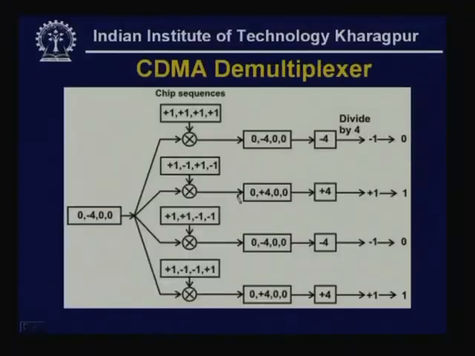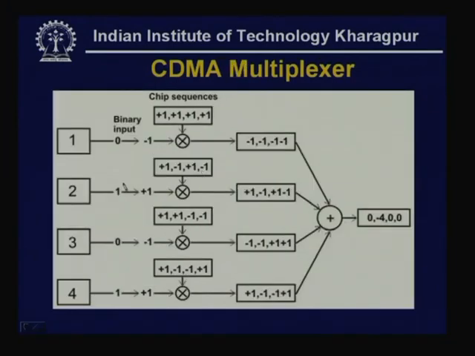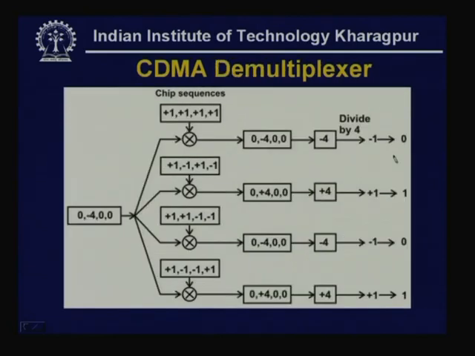That means if some station is not sending data, say B is not sending, so it is 0 0 0 0, even then it will work. If you do the summation, you will still be able to detect at the receiving end by proper addition.